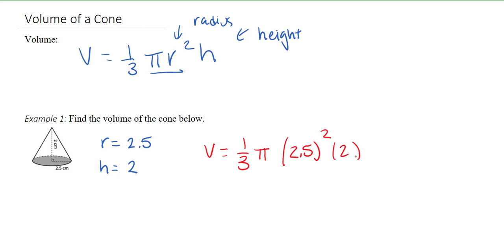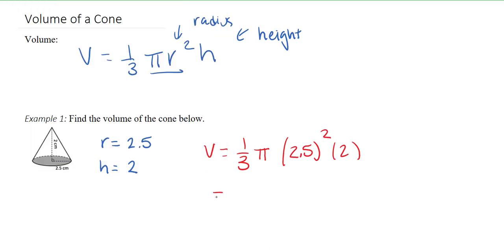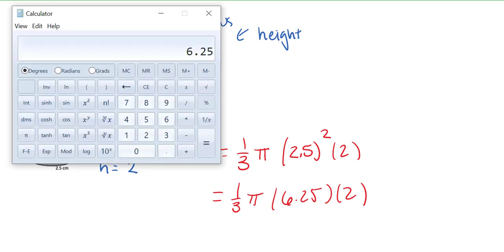So let's put this into the calculator. This calculator doesn't work as well, it's not like a TI-83 calculator where it's easier to see. So 2.5 squared is equal to 6.25. We can rewrite that. Now let's multiply out.